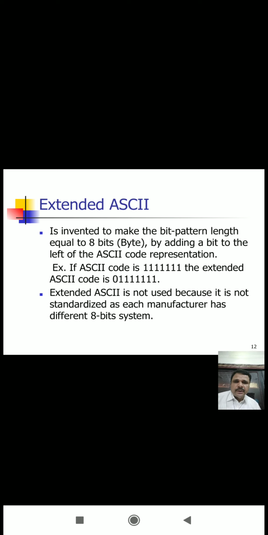That is equal to 2 raised to power 8, which is 256. In the original, how many codes were generated? 128. But in extended ASCII, 256. Although extended ASCII is not used because it is not standardized, all manufacturers have their own 8-bit systems. So, this is a bit about extended ASCII.